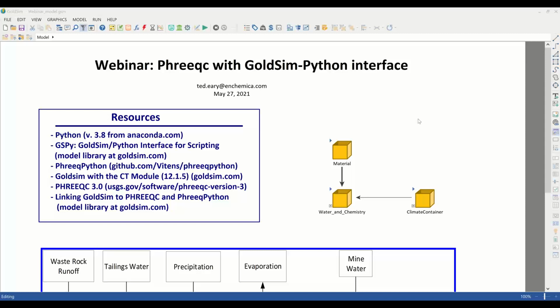It was generated by, I think the name is Abel Heinsbroek, with a company called Vitens, which is a drinking water company in the Netherlands. So that's also a necessary installation. And if you have Python installed, you can install PhreeqPython just using pip. So if you're knowledgeable about Python, then that's an easy installation.